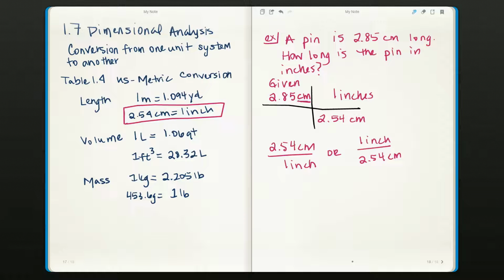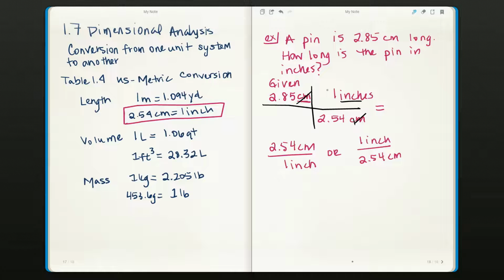So if we go through this calculation, we can see that we have centimeters in the numerator and centimeters in the denominator. So those two units cancel, and then we're left with inches. So if we do the math here, 2.85 times 1 divided by 2.54.